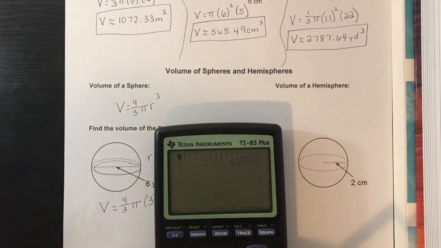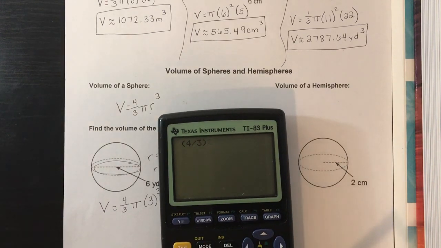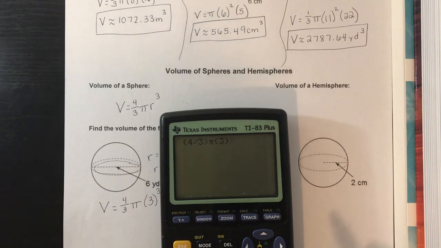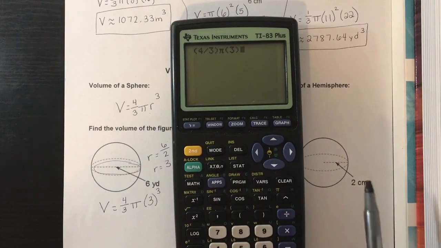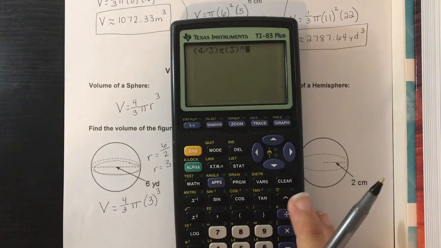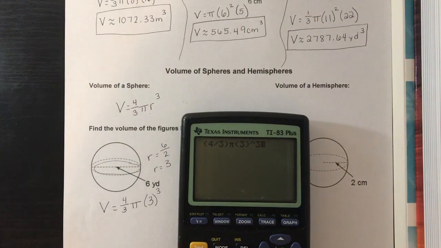So if we're typing this next one in, I would do 4 divided by 3 in parentheses times pi times 3. Now to get cubed, you're going to hit the arrow button that's right above the division sign, this arrow. And then it'll give you a little arrow, and you want to put 3 to show that it's to the 3rd power.